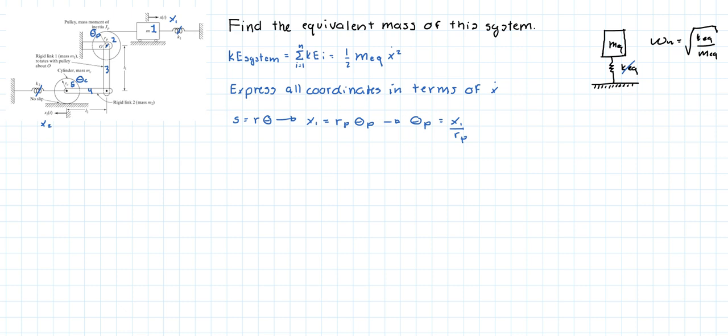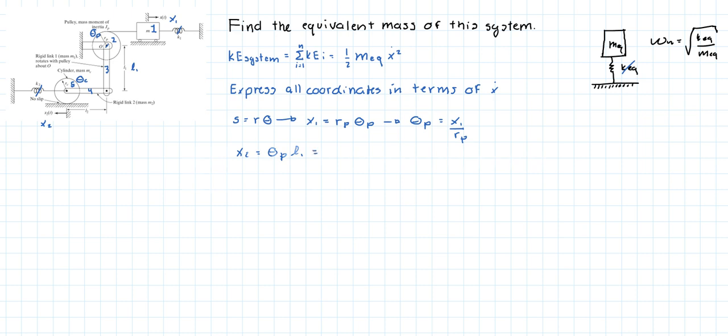What about x2? Really, x2 is theta p times L1. It's the arc length of this curve over here. So x2 equals theta p L sub 1.